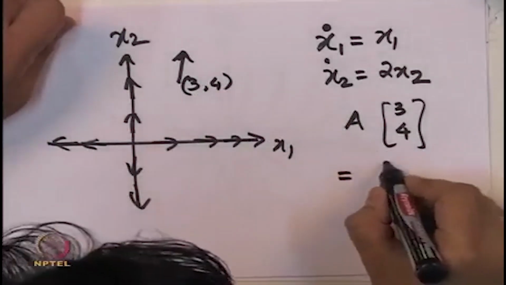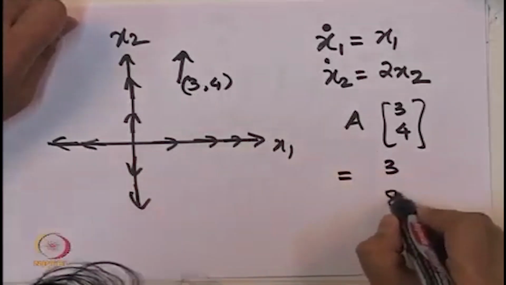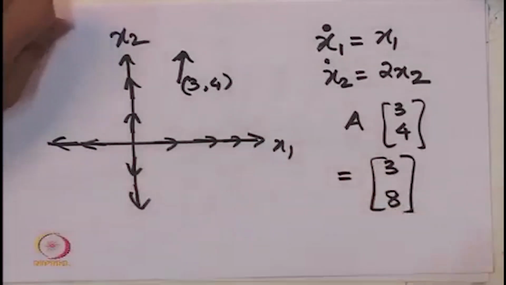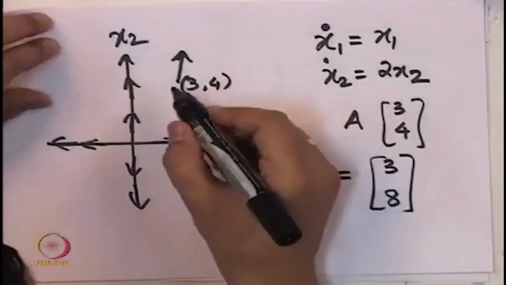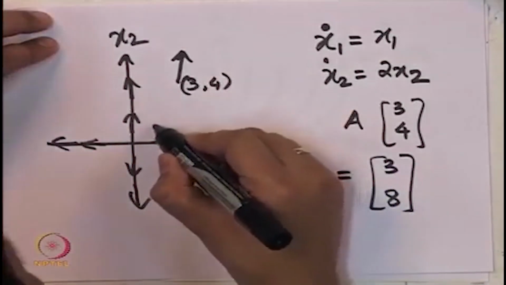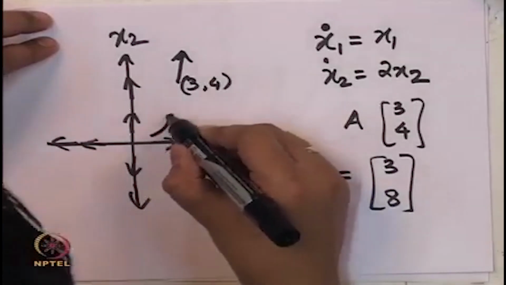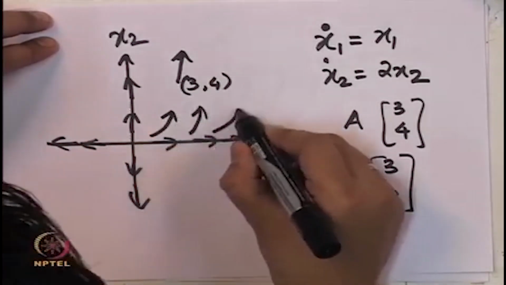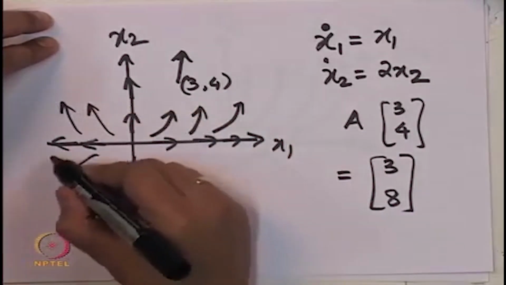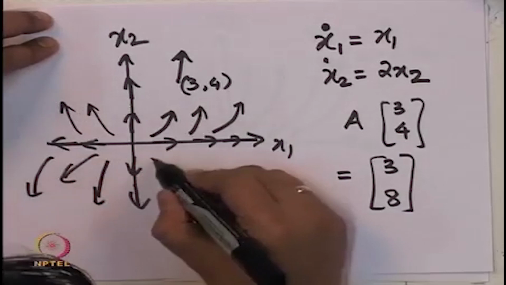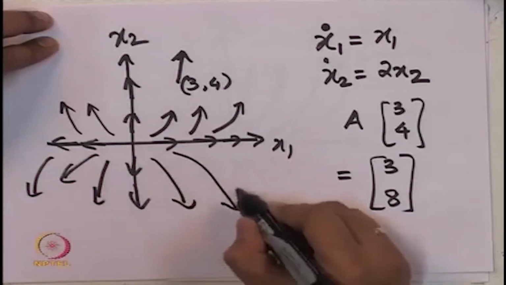So, this, as we evaluated in the previous example, is just 3, 8, the negative of the previous situation. So, this is how we are able to draw all arrows, and then upon completing all these arrows into a solution, we see that this is how the trajectories look.